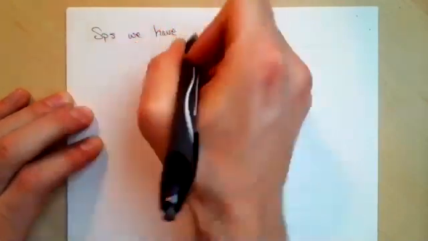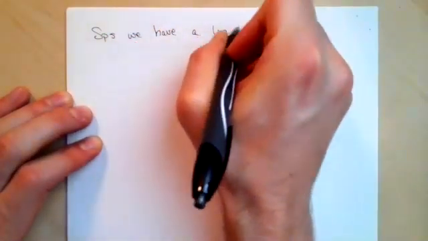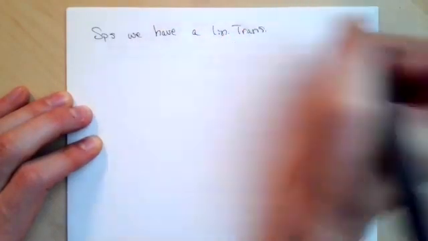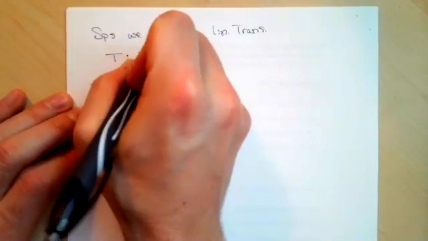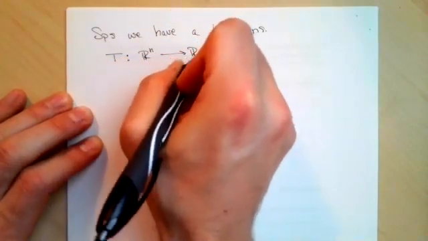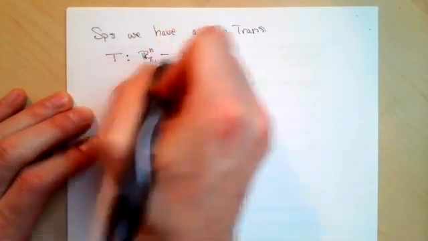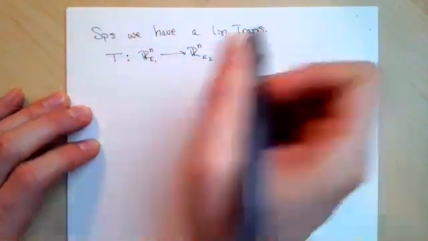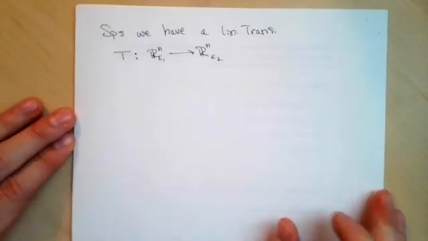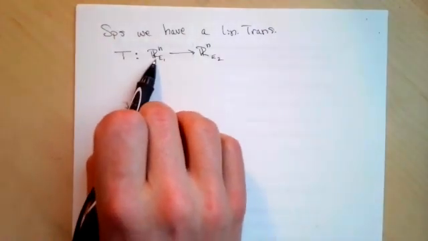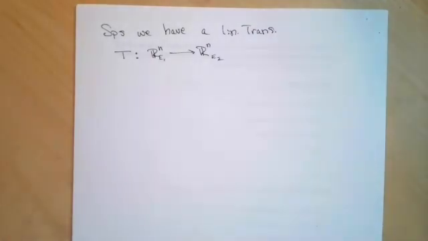Okay, so suppose we have a linear transformation T from Rn to Rn. And I'm going to now write our basis subscript E1 and E2. So if we're just starting with a linear transformation, every basis we start with is going to look like the standard basis in that reference frame.